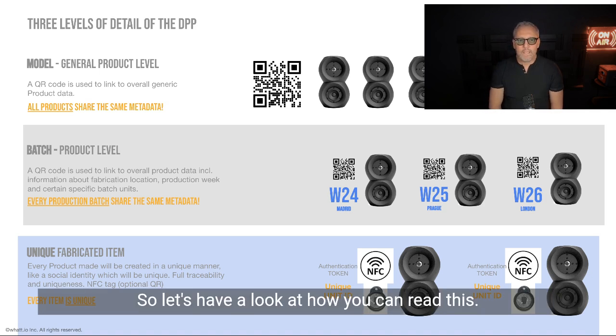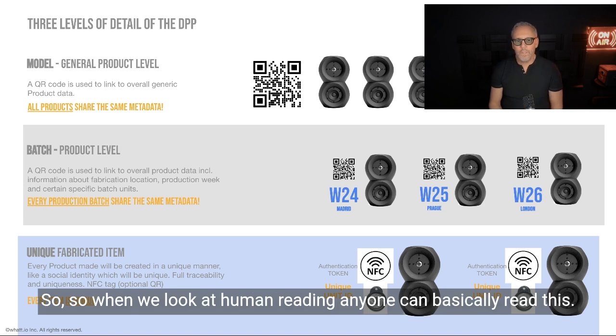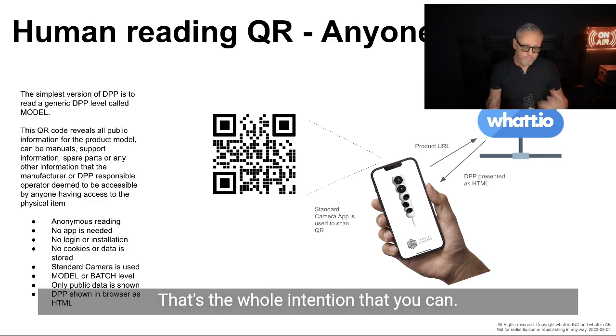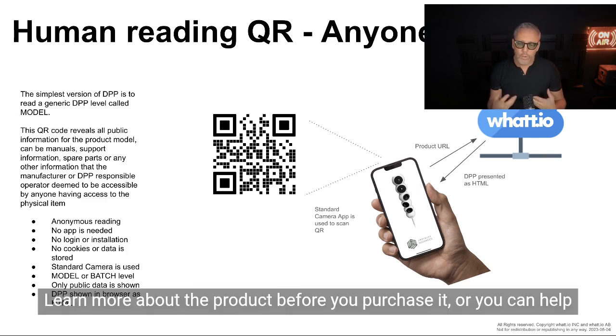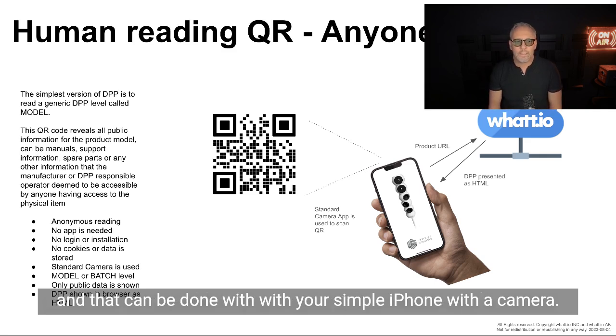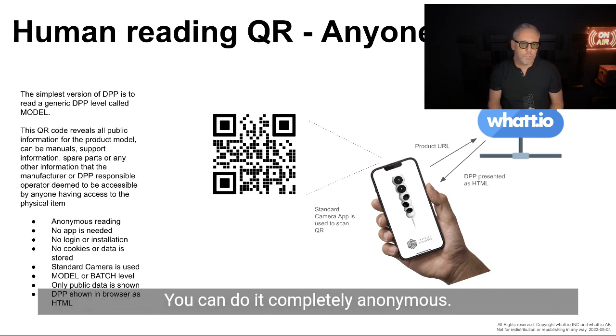So let's have a look at how you can read these. When we look at human reading, anyone can basically read this. That's the whole intention, that you can learn more about the product before you purchase it, or you can help someone to assemble it by just getting the instructions, for instance. And that can be done with your simple iPhone, with a camera. You can do it completely anonymous.